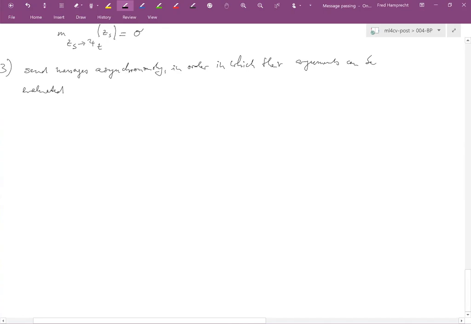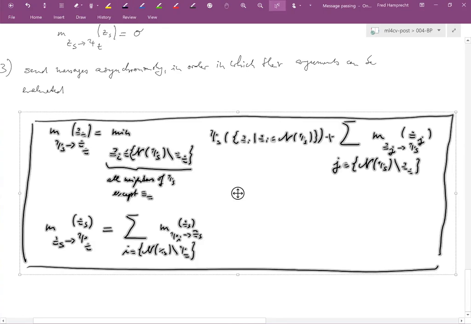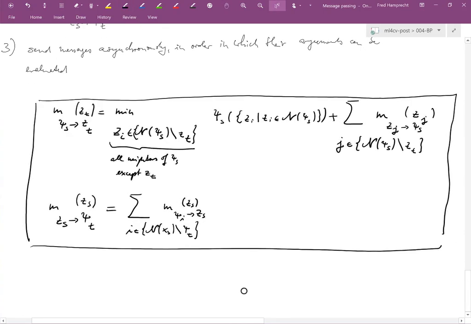Because I want to tell you something else before we're finished with this hour. So what we're sending, we're taking a sum over the incoming messages, and let me explain the notation.